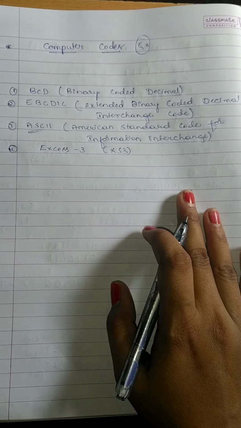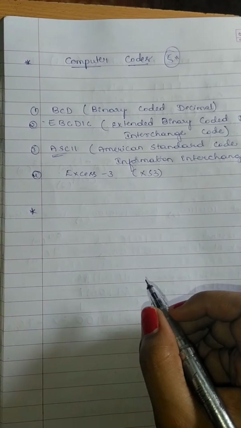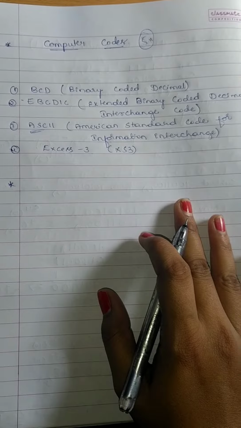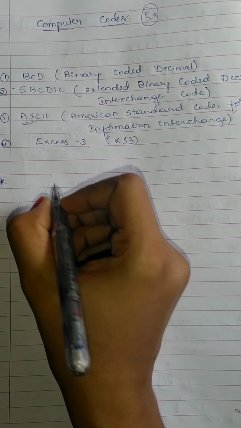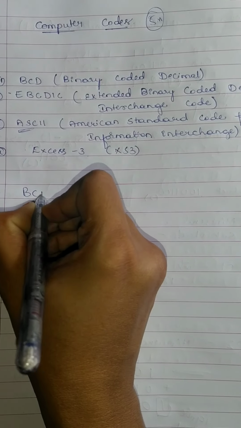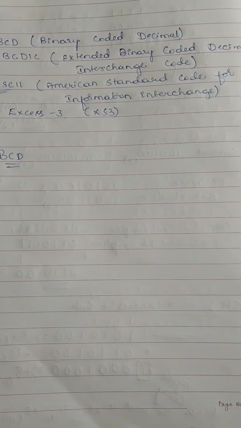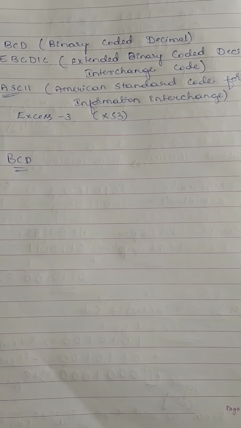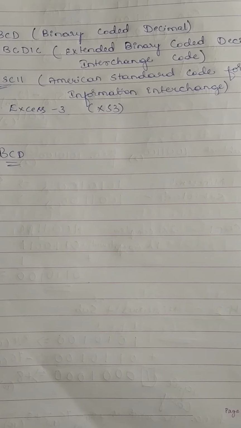Now we'll see one by one. BCD, what is BCD? That is binary coded decimal. BCD is the most commonly and widely used technique. In this, each digit of a decimal number is independently converted to a 4-bit binary number, that is 8421 format.